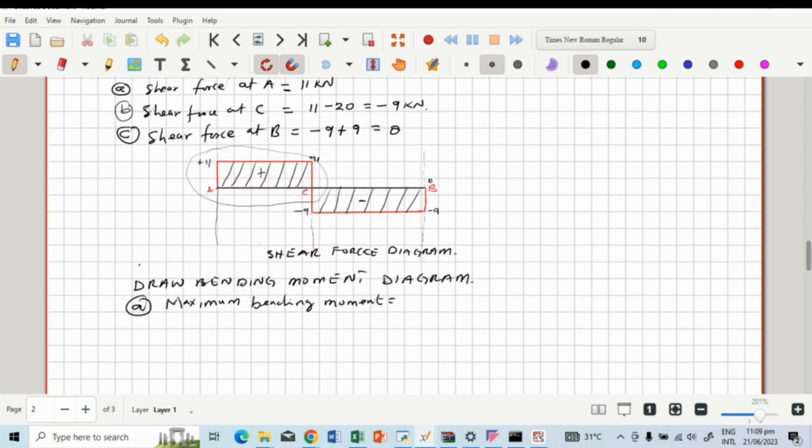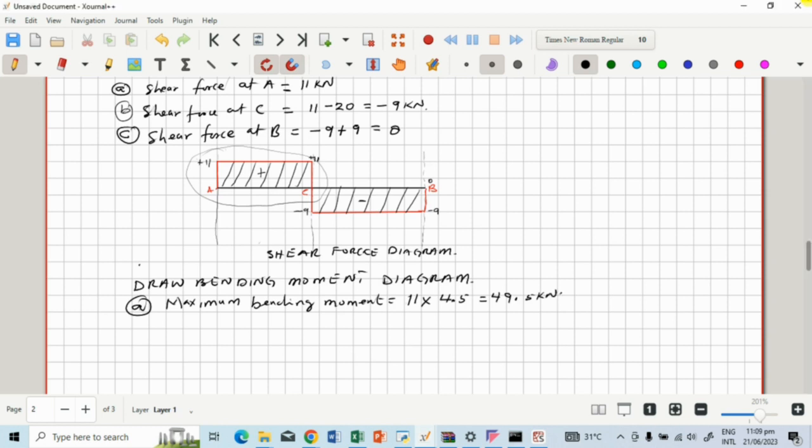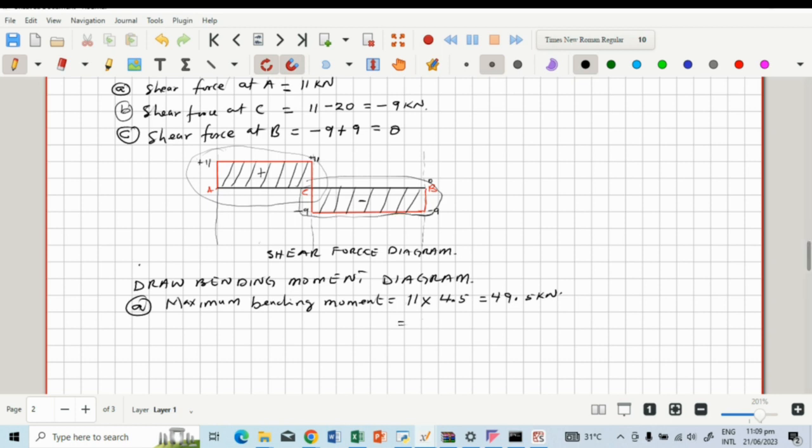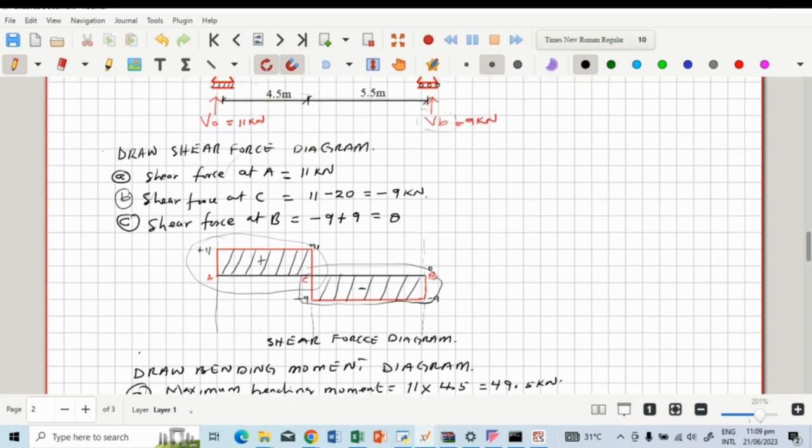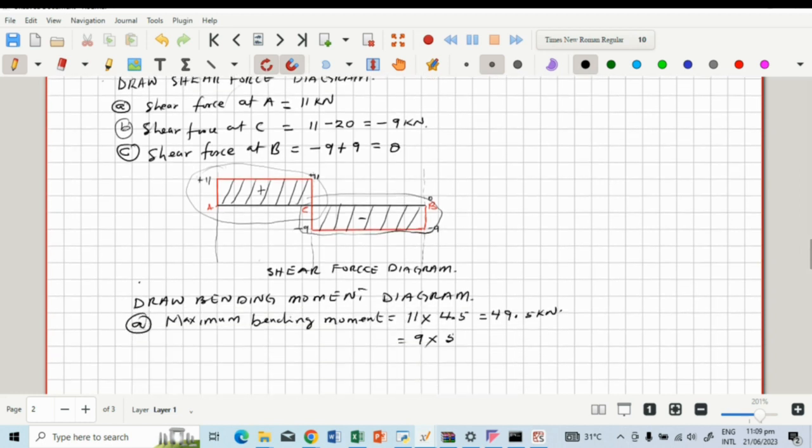We need to find the area of this rectangle, and that will give us 11 multiplied by 4.5, which is 49.5 kilonewton meter. We could have also used the right side, and in that case the magnitude is 9 and the distance is 5.5. We arrive at the same value, which is 49.5 kilonewton meter. Right, so that means the maximum bending moment is 49.5 kilonewton meter.